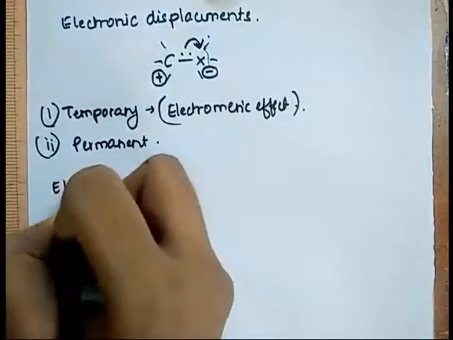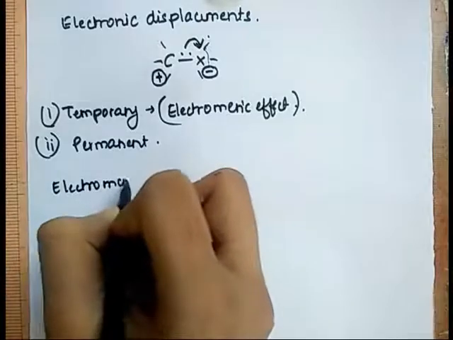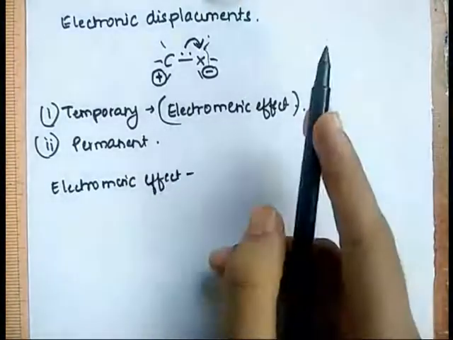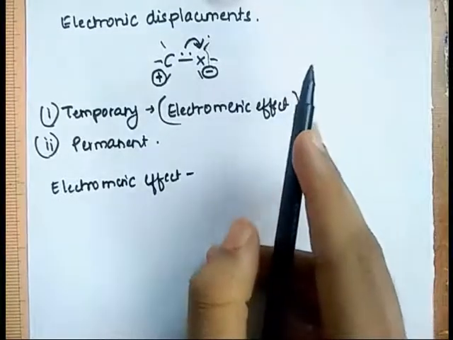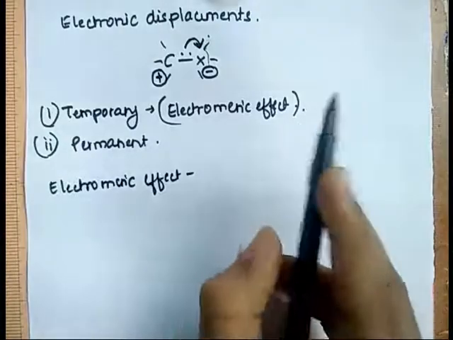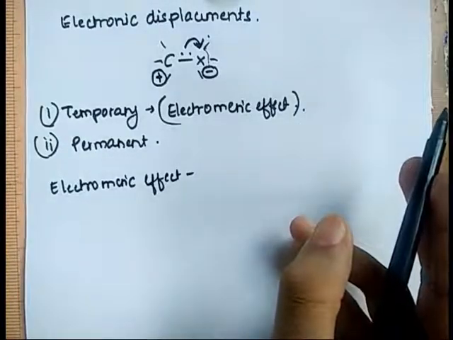What is the electromeric effect? It is the temporary complete shifting of pi bonded electrons by the influence of the reagent.